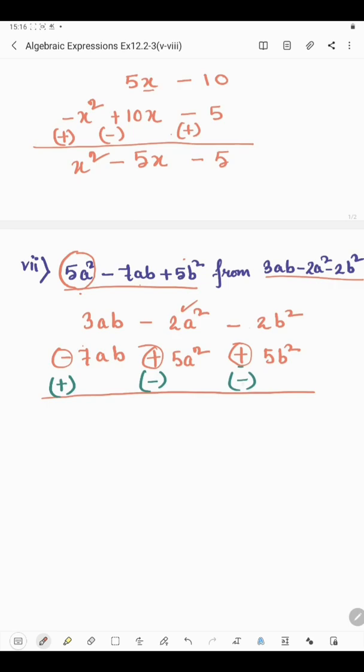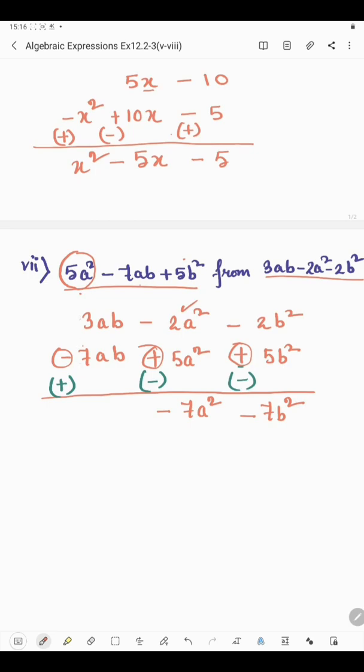Now here minus minus will become plus, so 5 plus 2, if you add the coefficients we will get 7. Then we will write the variable part, which is 7b square, and since both the terms have a negative sign, it will be minus. Similarly here also we have two minus signs, so 5 plus 2 is 7, it's 7a square, and since both the terms are negative, it will be minus 7a square.